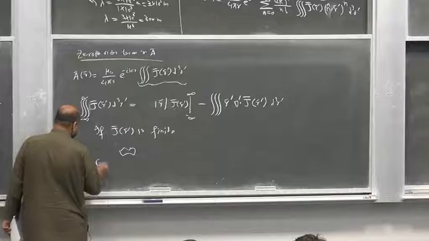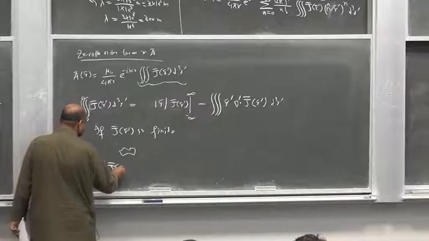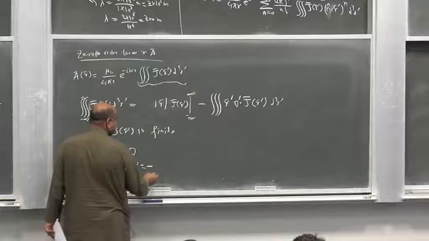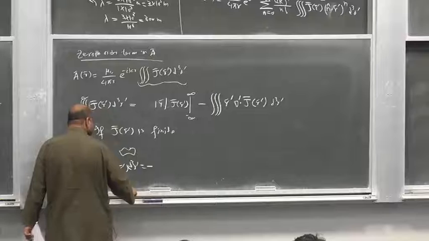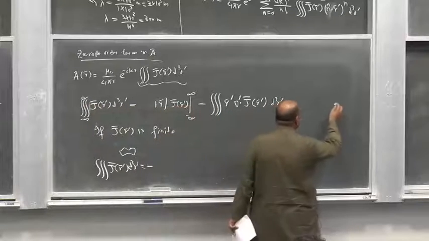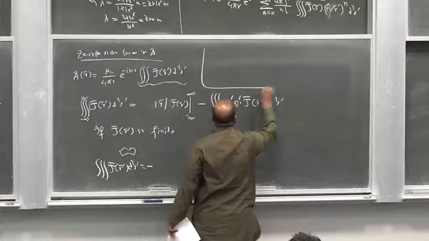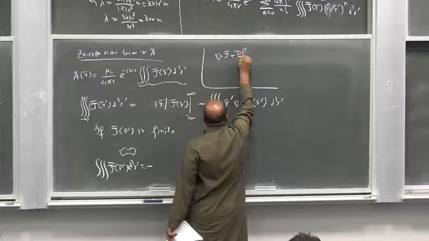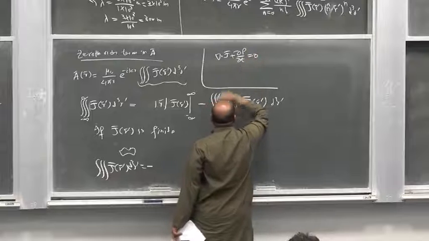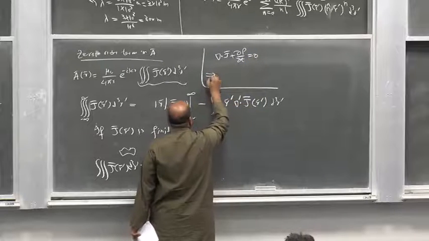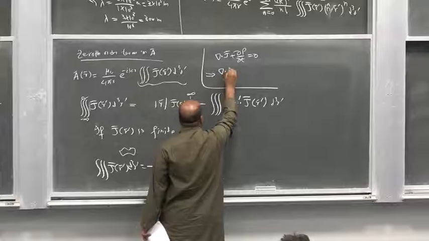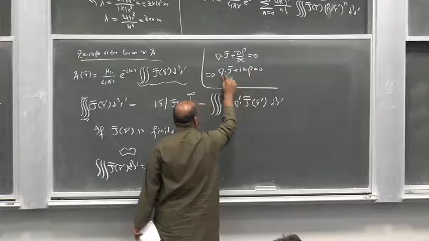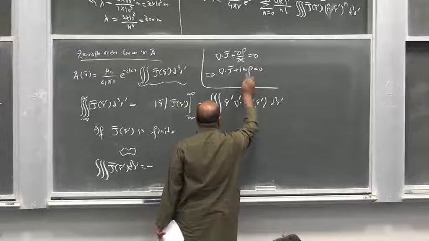So this thing is minus this thing, and also we know from the continuity equation that del dot J plus partial rho by partial t is 0, and in the frequency domain this becomes del dot J plus iota omega rho. So this del dot J is minus iota omega rho.